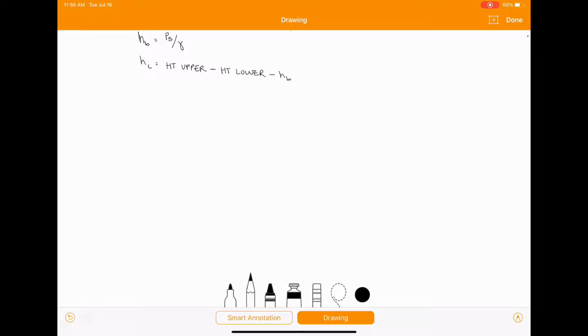Now, one thing to note is that if HC over HB is less than 0.2, then you don't need to apply drift loads. And that's just because your HB in comparison to your HD is so much larger that really adding a little bit of drift isn't going to make that much of a difference on your structure.